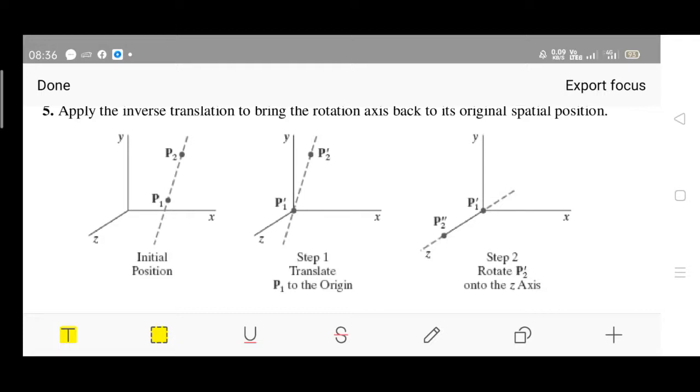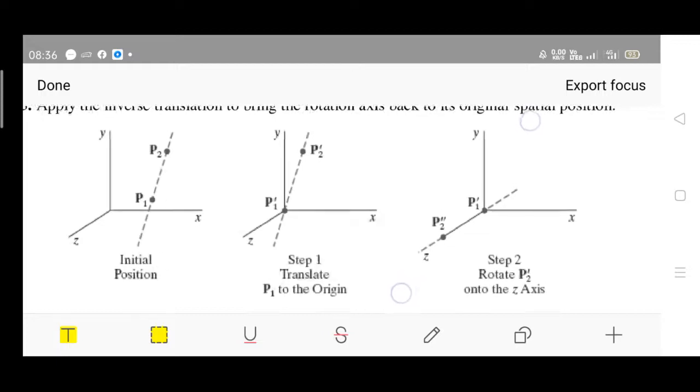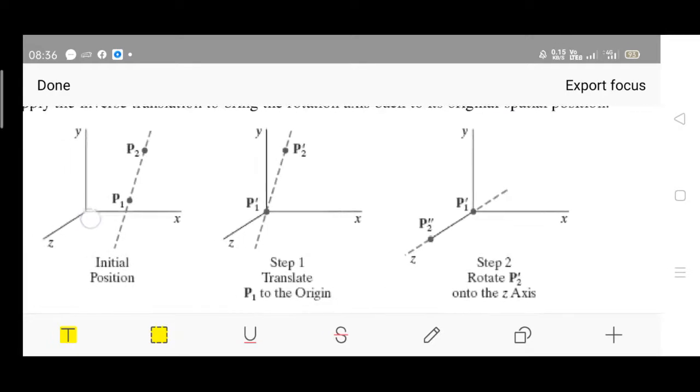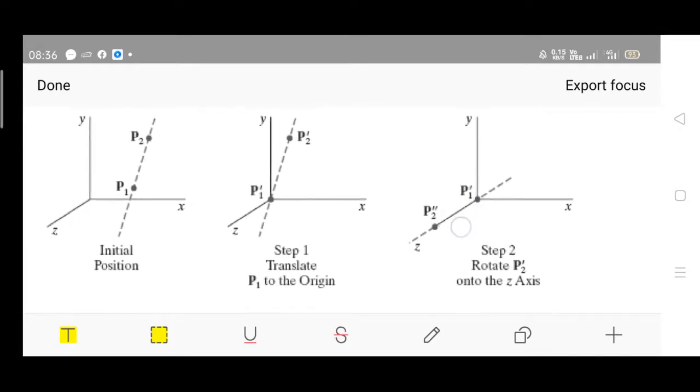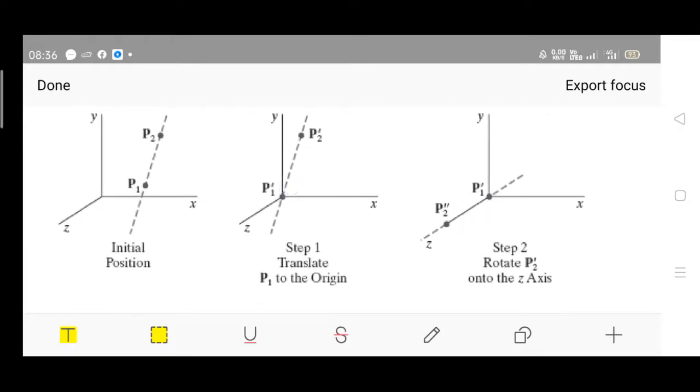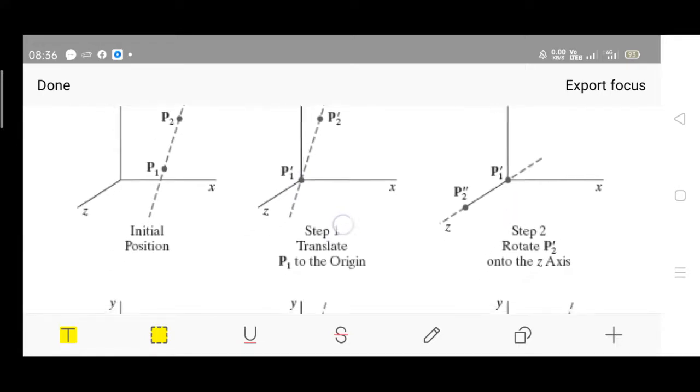So the new values of the points are marked there as P1 dash and P2 dash. Then rotation is done. So rotation of P2 dash onto which axis? Along the z axis rotation is taken. Check the position, you will come to know.